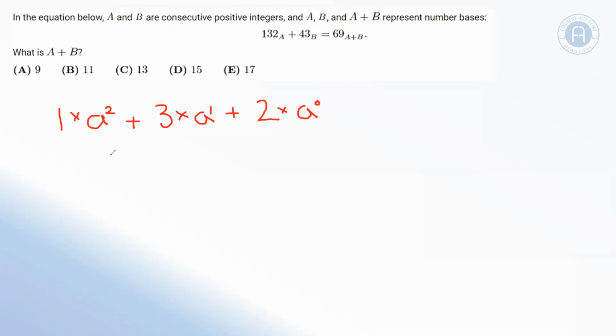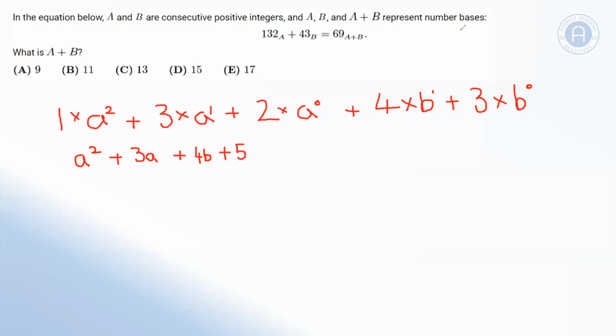And then we have 43 base B, so that would be 4 times B to the power of 1 plus 3 times B to the power of 0. So if we simplify that down a little bit, we've got A squared plus 3A plus 4B plus 5.